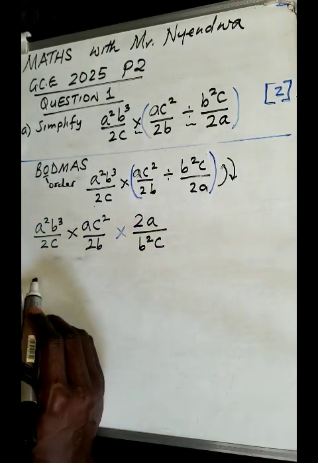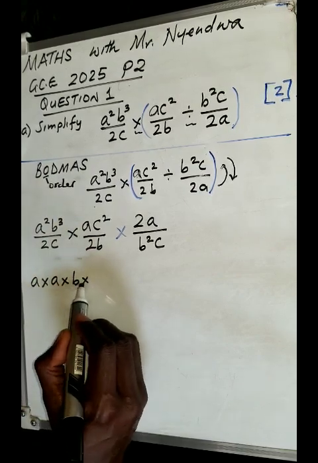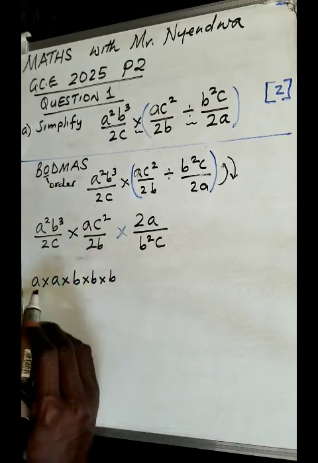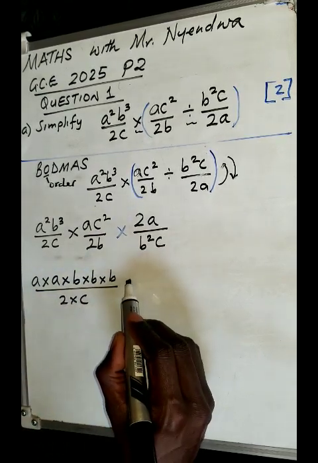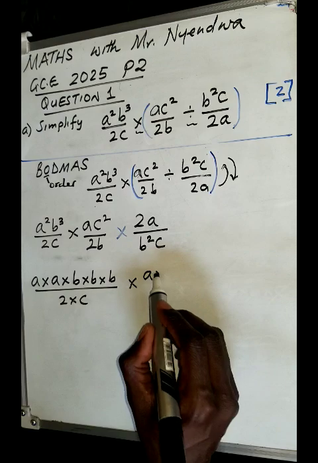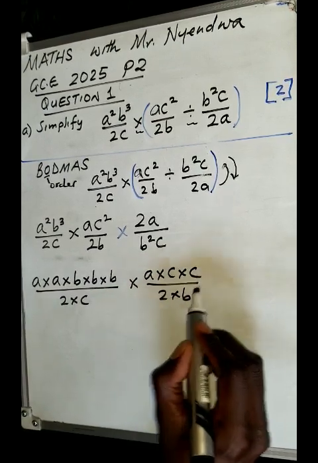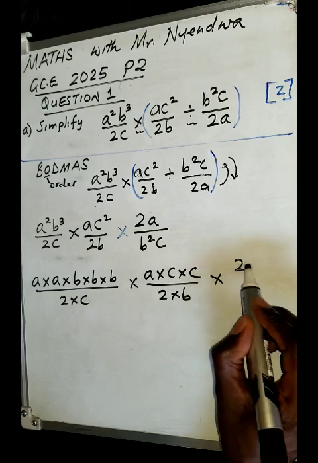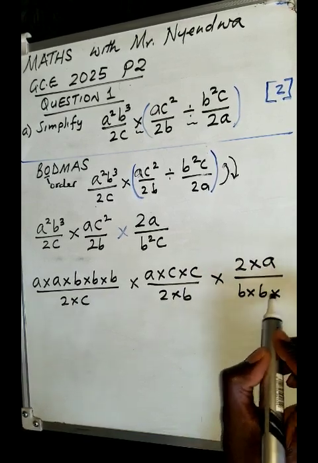So how many a's? It's a times a. And how many b's? There are b times b over 2 multiplied by c, multiplied by a times c over 2 times b, multiplied by 2 times a over b times b multiplied by c.